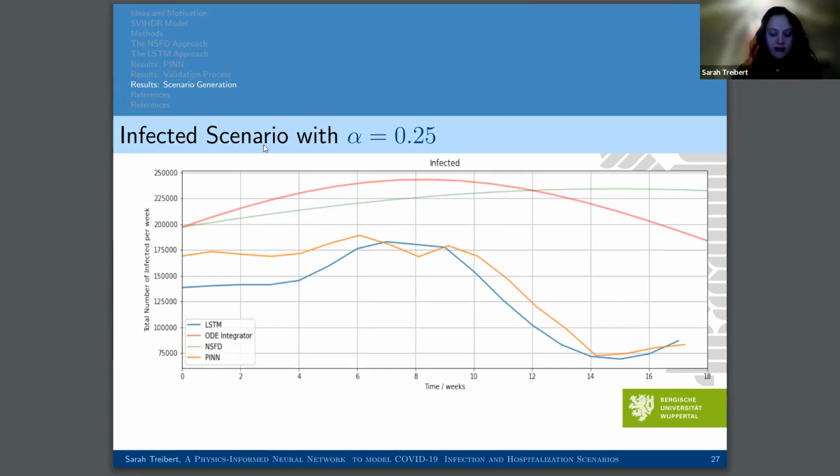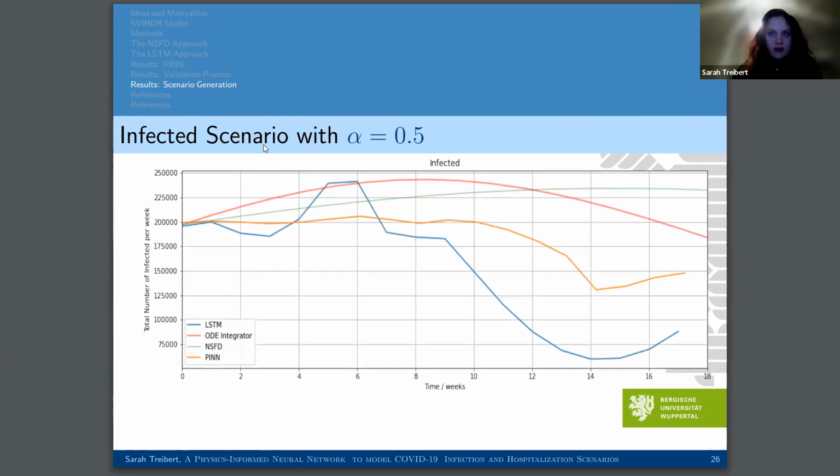However, if you have a look at the PINN, then we find a minimal value of around 13,000. The decrease starts around the 9th week.